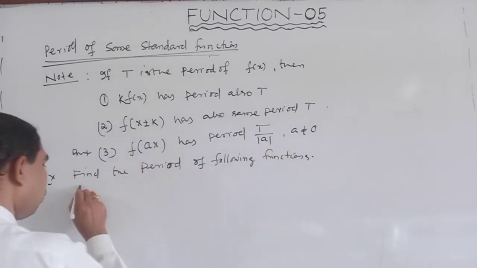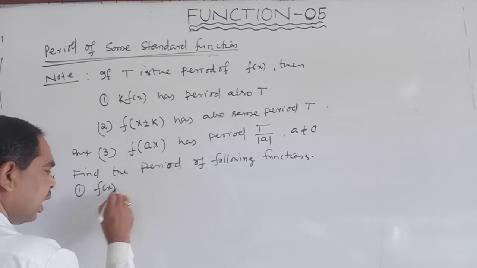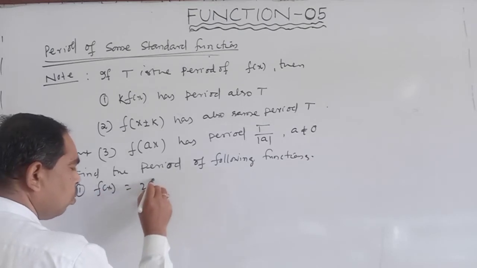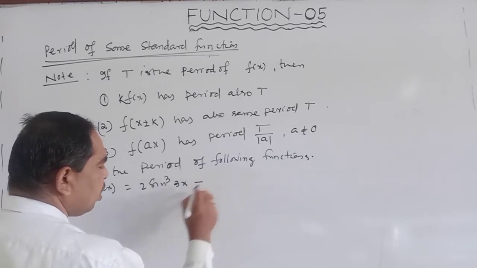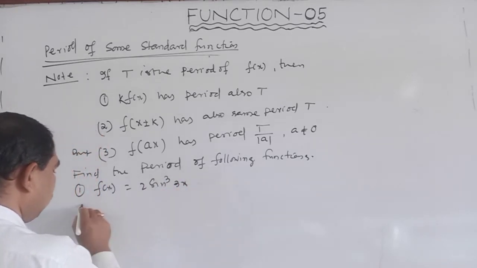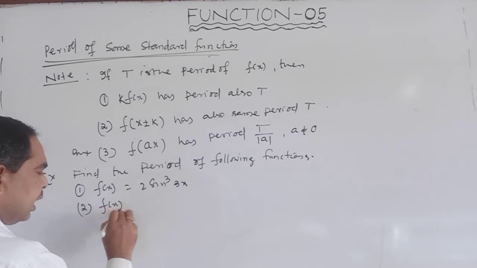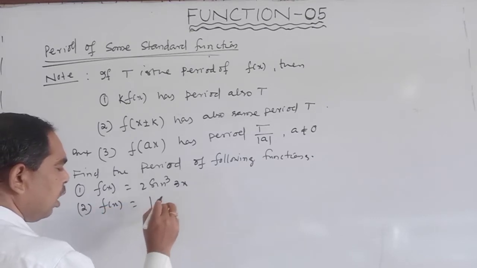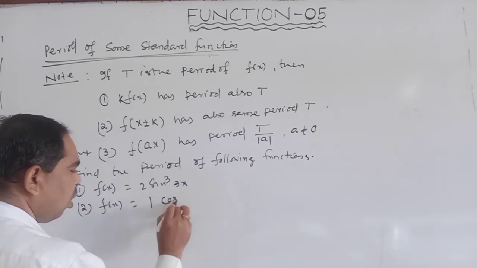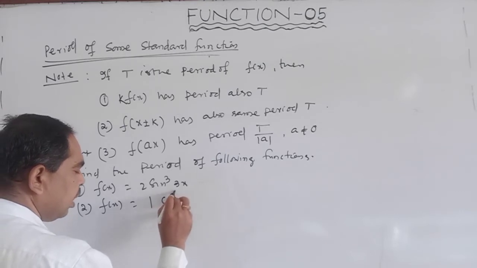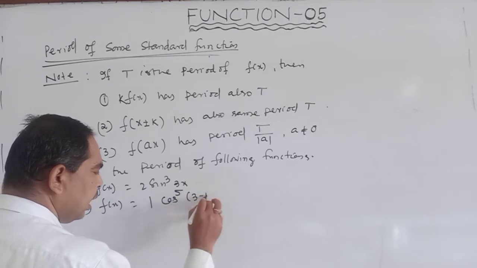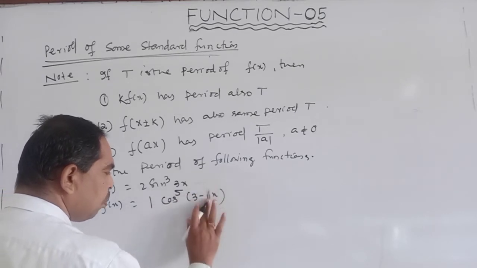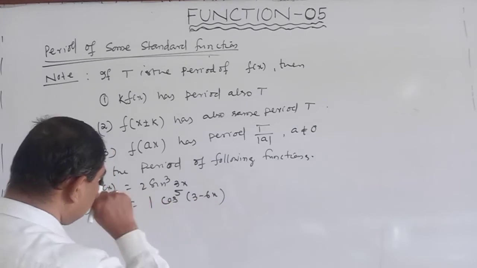Okay, 1: f of x is equal to 2 sine cube 3x. 2: f of x is equal to mod of cos to power 5 of (3 minus 5x) or (3 plus 6, 3 minus 6x) mod.